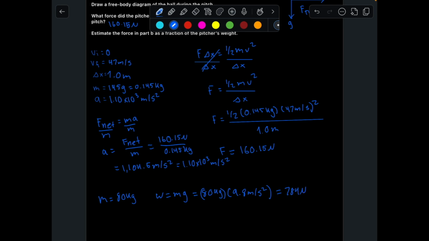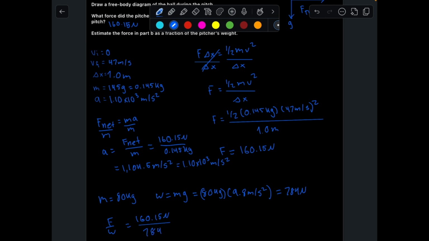Now, if we're going to calculate it as a fraction with force over weight, we know our force is 160.15 newtons. And then we have a weight that we just calculated as 784 newtons.